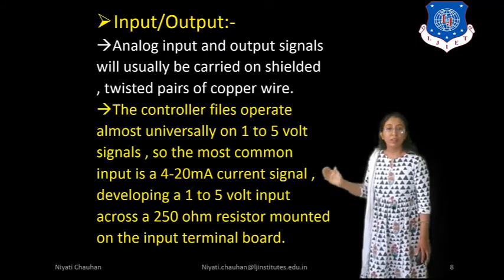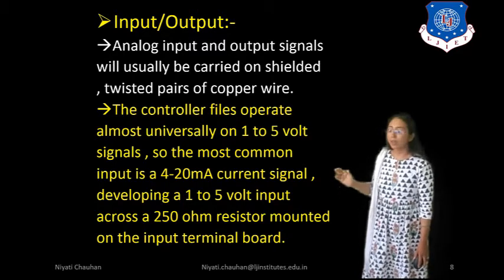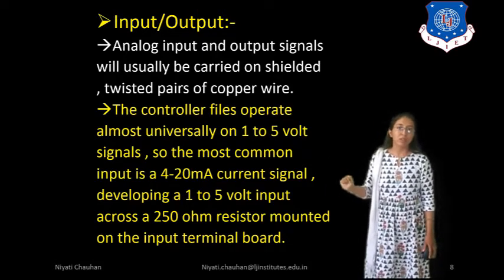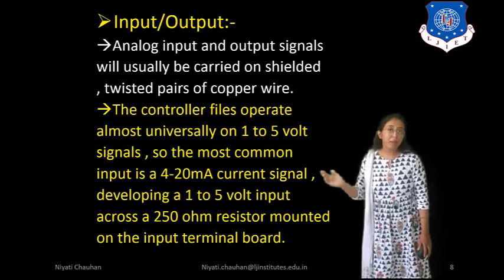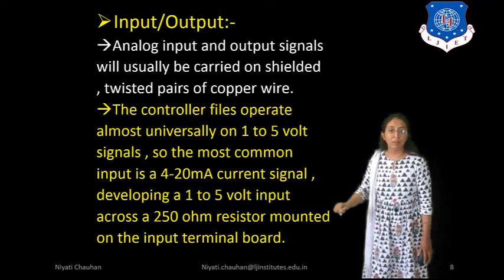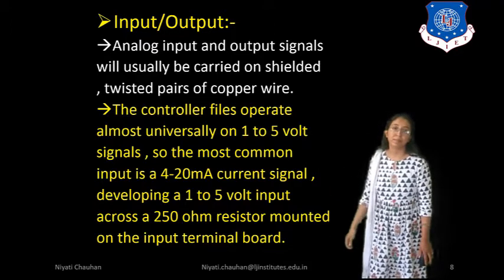So here generally we use a 1 to 5 volt signal and the most common input is 4 to 20 milliampere. For a 4 to 20 milliampere signal, we connect a 250 ohm resistor to get the 1 to 5 volt signal.